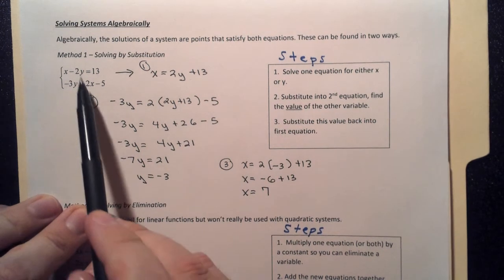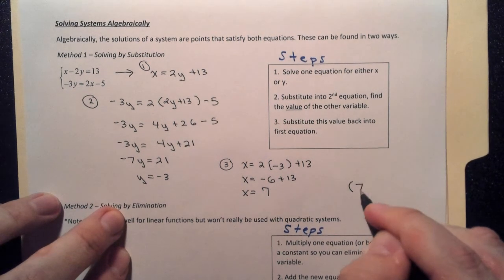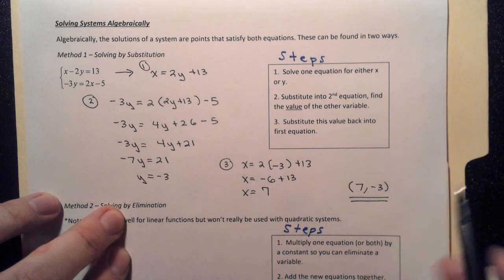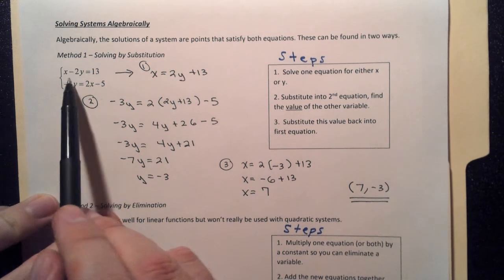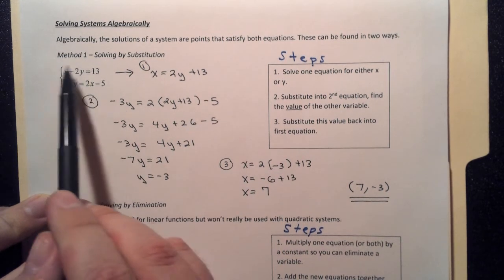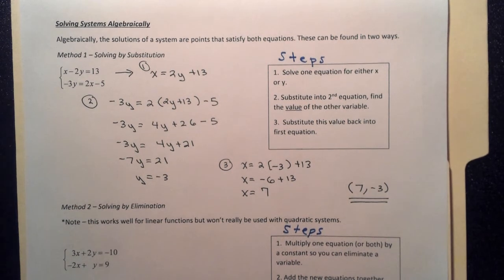This means that if I were to graph these two lines, they would intersect at the point 7, negative 3. Because, of course, I list the x coordinate first. Algebraically, this also means that the point 7, negative 3 would satisfy both of these equations. So if I put in 7, negative 3, I would find that it makes this first equation true, it makes the second equation true as well.